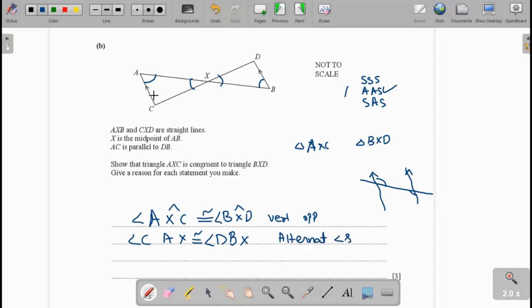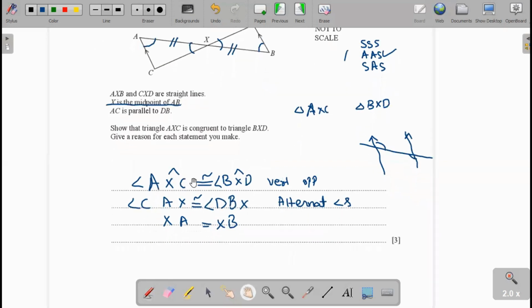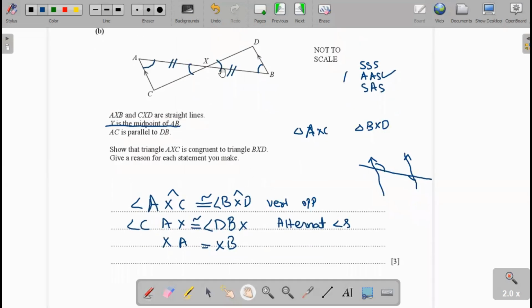And you know, here X is the midpoint of AB. It means it divides AB into two equal parts. XA equal to XB. Therefore, two angles are equal, and the corresponding sides of the other triangles are also equal.